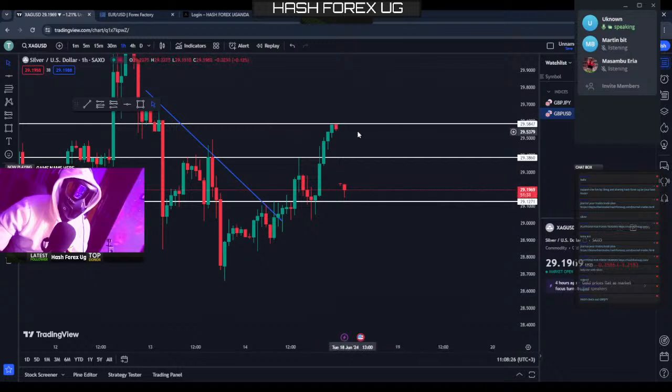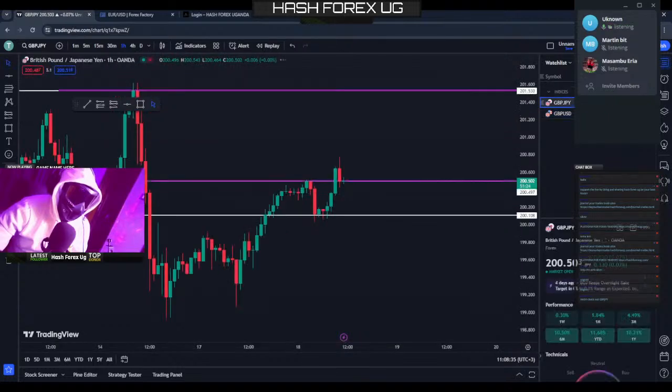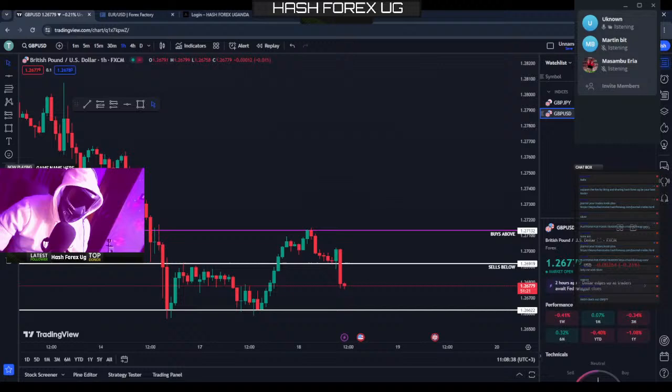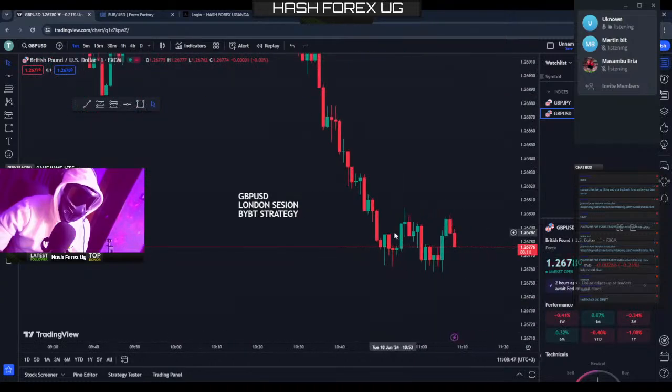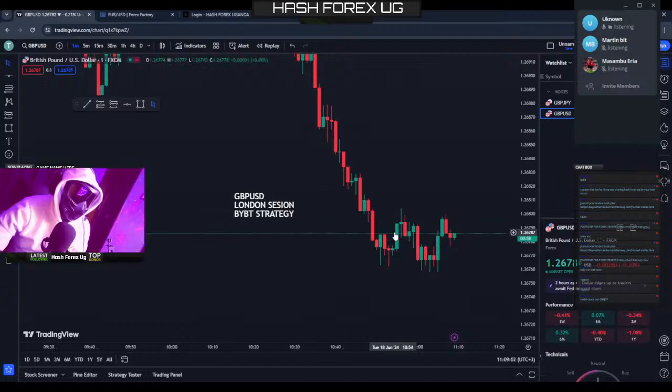So you need to see that we have enough momentum to break either above or below those zones. I think on silver, we are okay now.